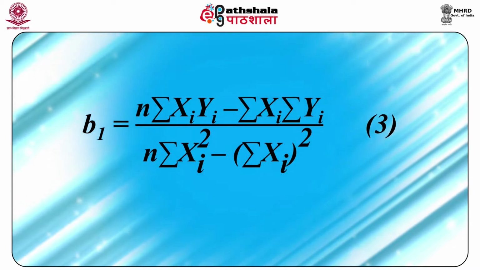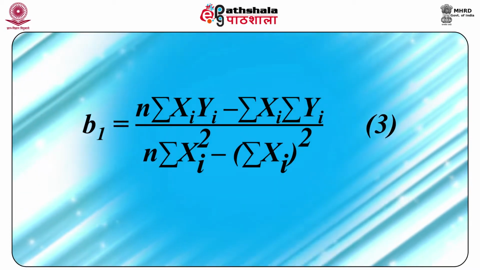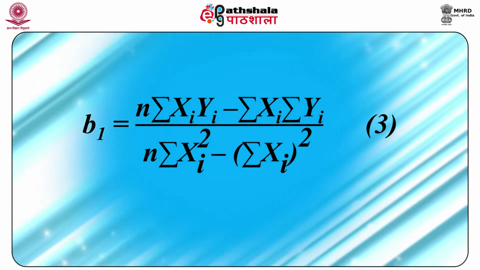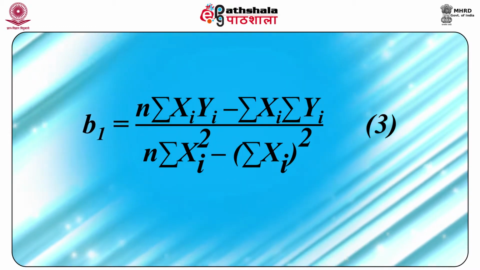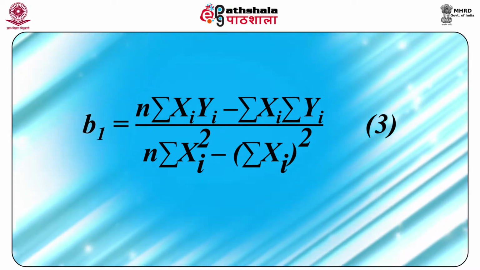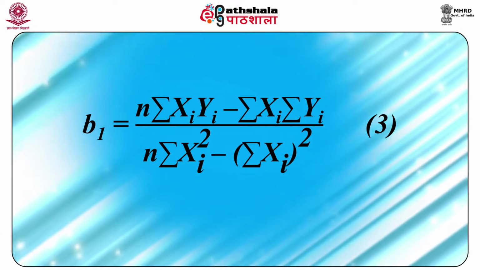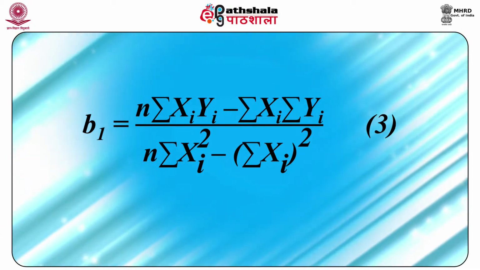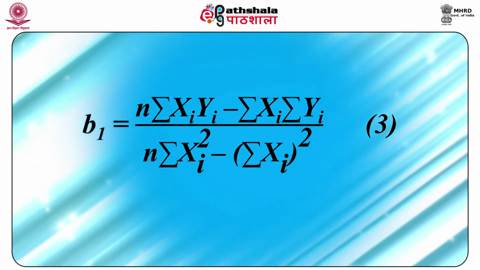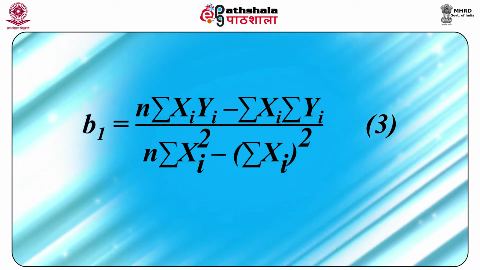This is our second normal equation. Solving 1 and 2 simultaneously, which means multiplying equation 1 by sigma xi and equation 2 by n, we get the value of b1 equal to n into sigma xi yi minus sigma xi into sigma yi upon n into sigma xi square minus (sigma xi) whole square. This is our third equation.